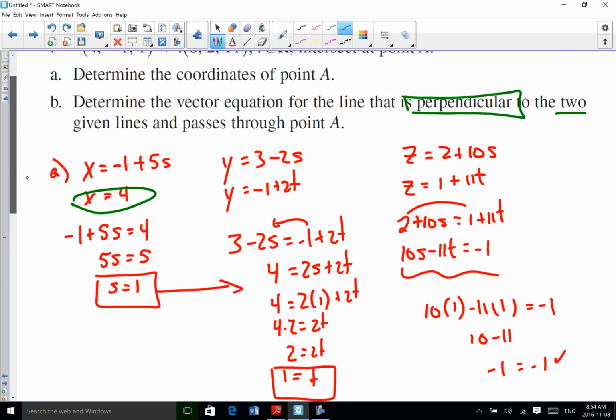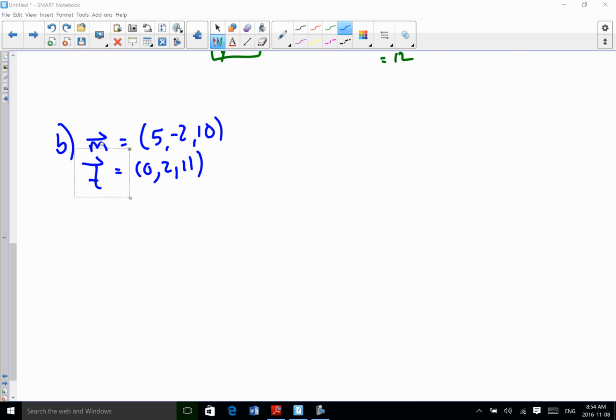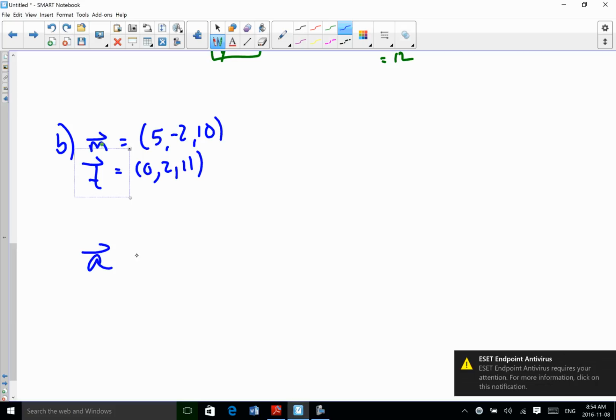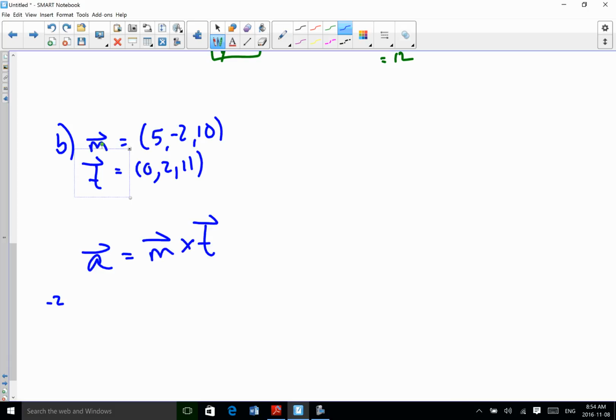So I'm taking my cross product. So this is the direction vector of our new line, right? So our direction vector, call it a for simplistic sake, will be m cross t. So the vertical form, -2, 10, 5, -2, 2, 11, 0, 2.